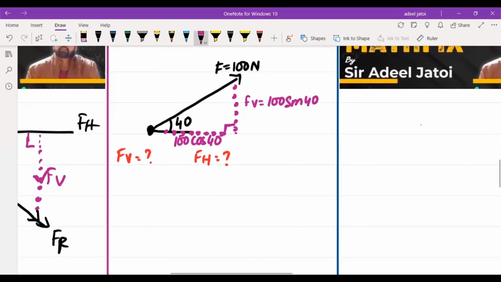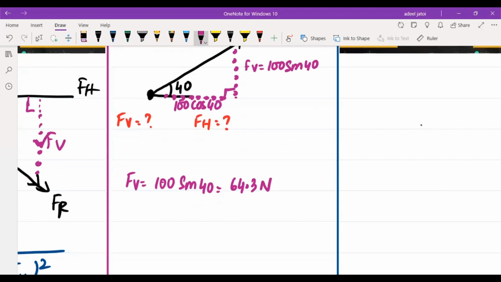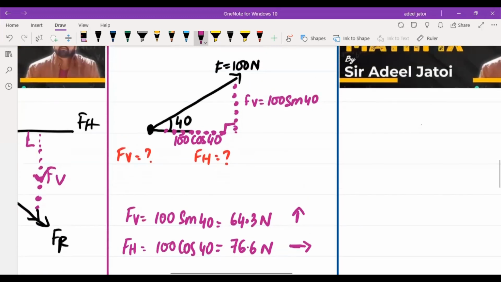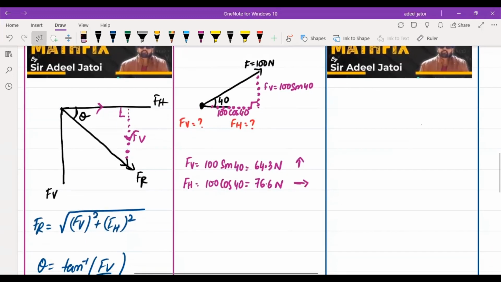So FV is 100 sine 40, which will be 64.3 Newton, and this acts vertically upwards, whereas FH will be 100 cos 40, which is 76.6 Newton, and this acts horizontally towards right. So this is the vertical and horizontal force evaluation using theta and the force which is the hypotenuse.